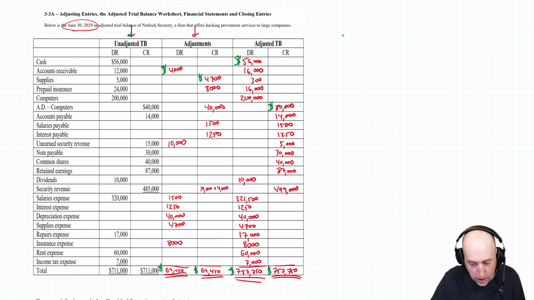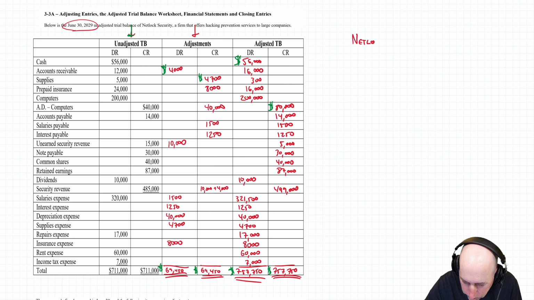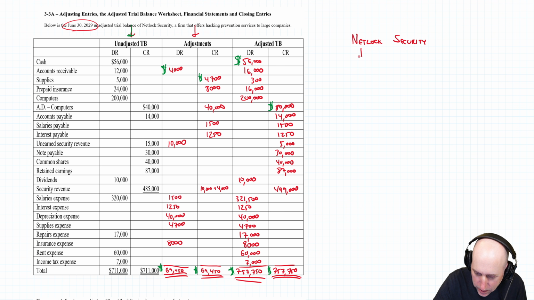We're going to start with our income statement, of course. That always comes first. Name of the company is Netlock Security. The name of the statement we're being asked to prepare is an income statement.